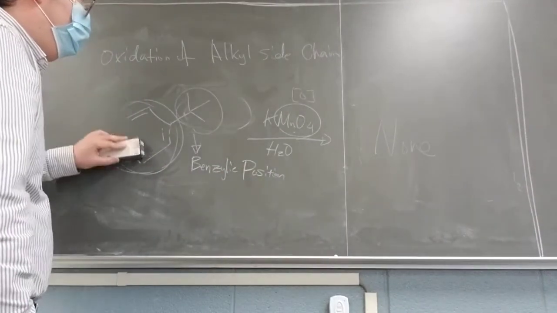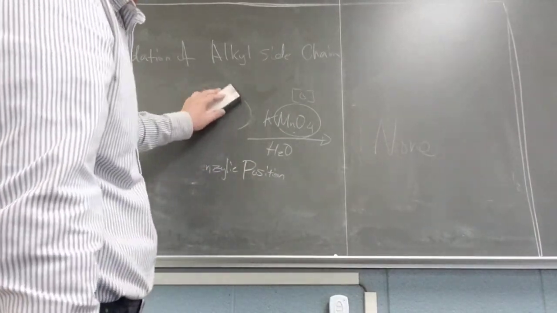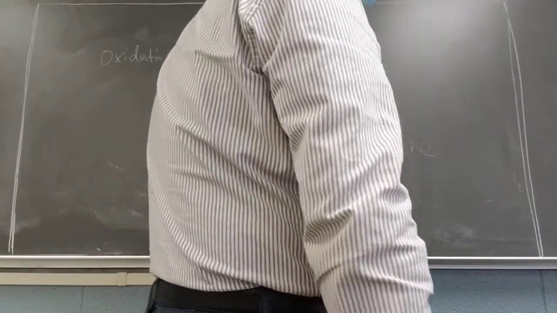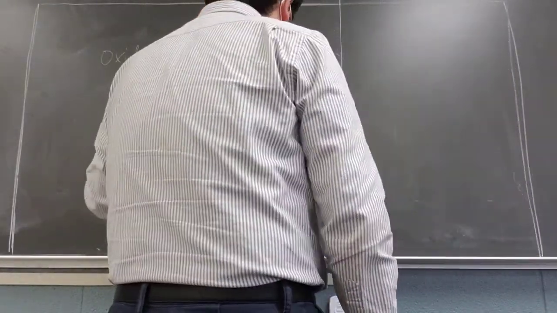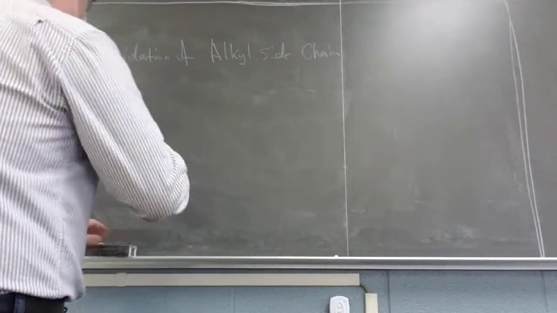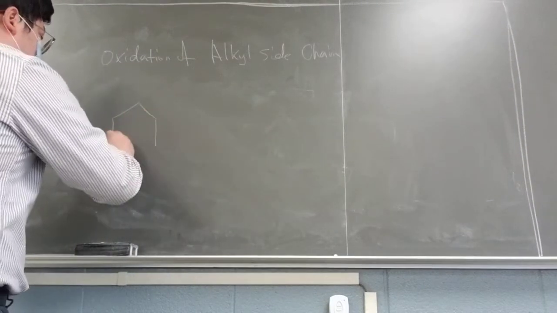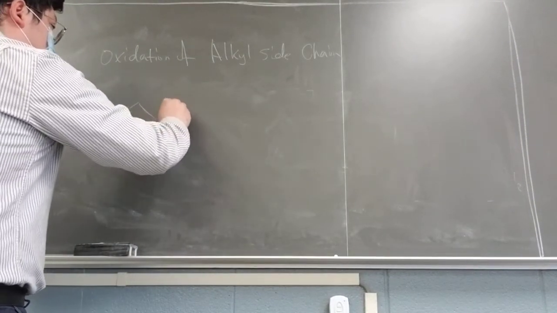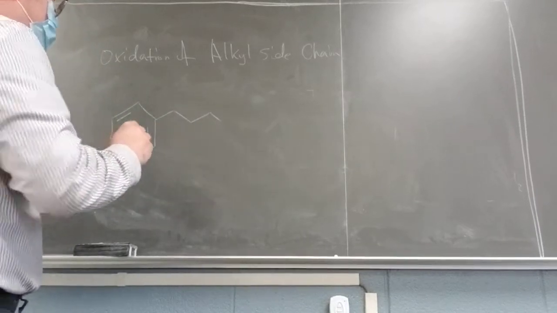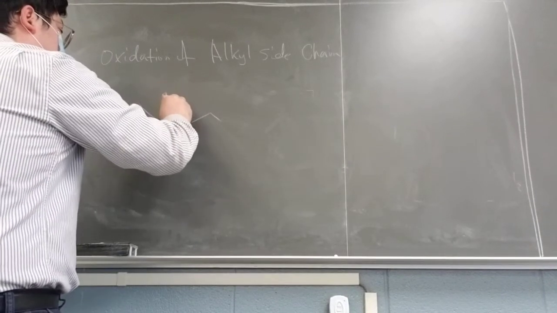Good and great. So this is pretty much it for that. Oh, there's one more reaction. Let me actually tell you too. Whenever you have two groups on here, you're going to have two positions.